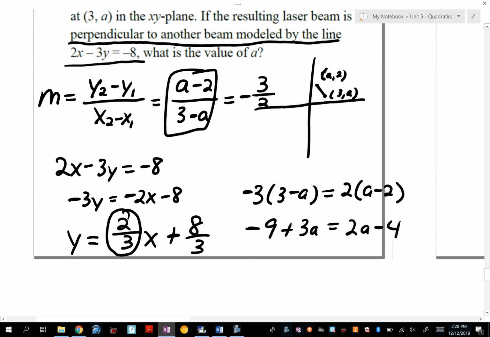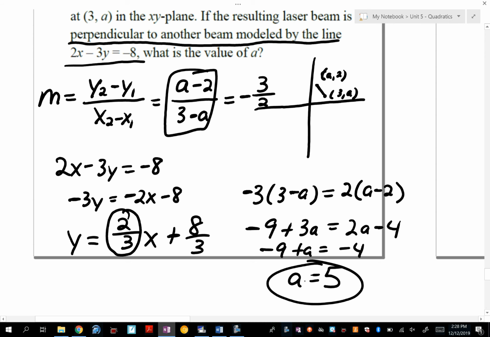I'm going to move this 2a to the other side to be with the 3a by subtracting 2a to get negative 9 plus a equals negative 4. And then a is equal to, if you move the negative 9 over by adding 9, negative 4 plus 9, which is 5. We did it. That's right.